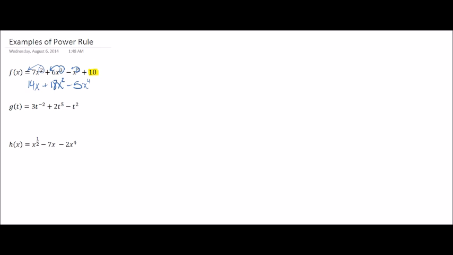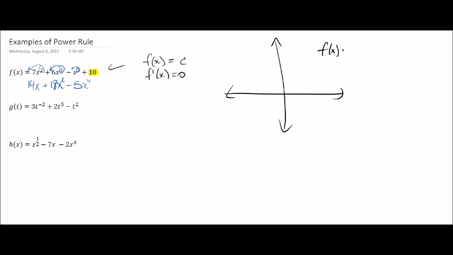We have a 10, which is just a constant, and the derivative of any constant is always 0. We can think about that visually. If we have, let's say, f of x equals 7, and we do a very quick sketch of that.